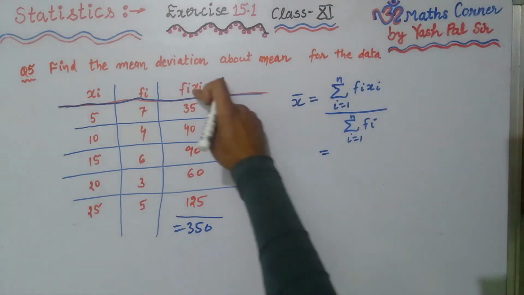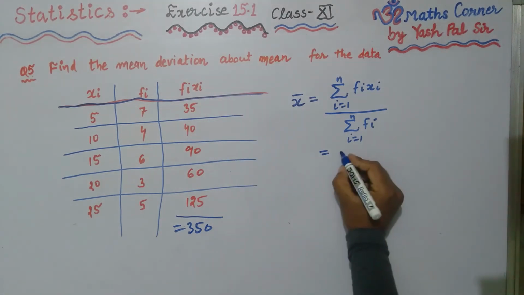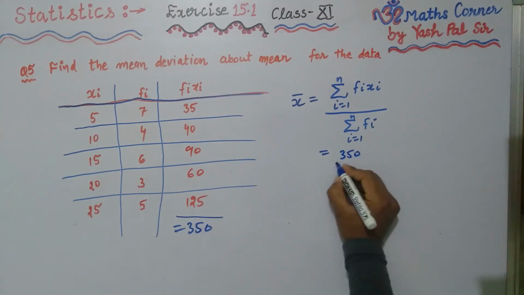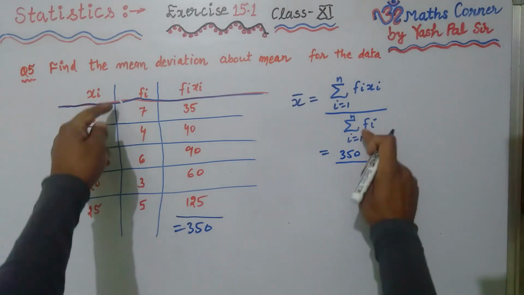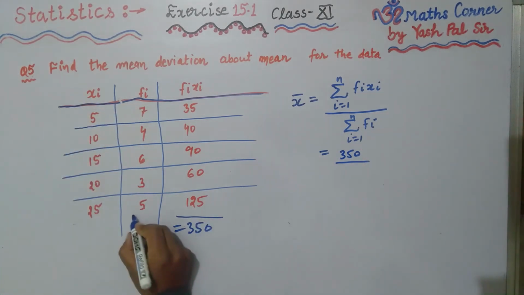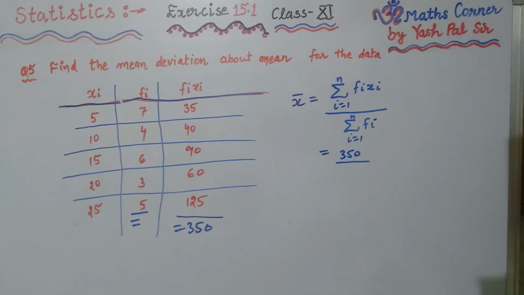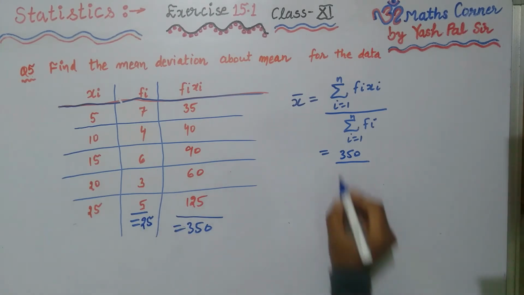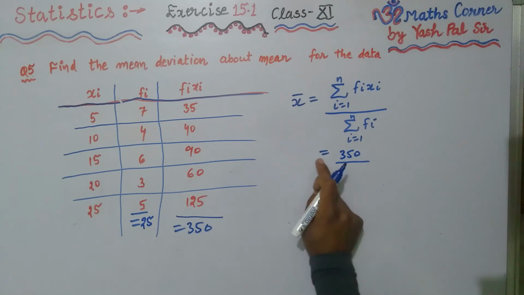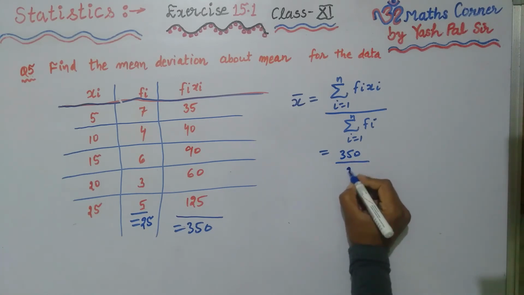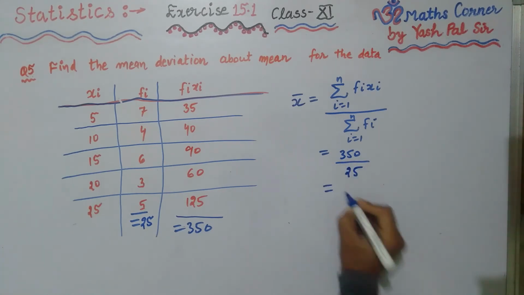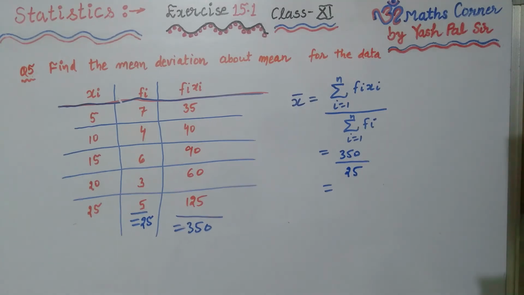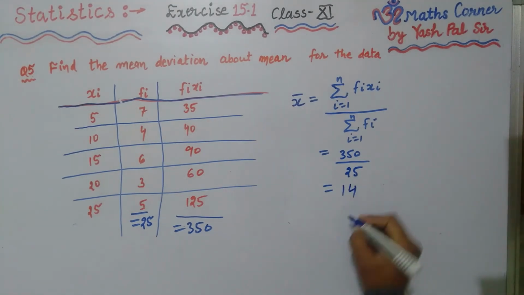The summation of fi xi is 350, divided by the summation of fi, which is equal to 25. So x bar is 350 divided by 25, which is equal to 14. 14 is the mean.